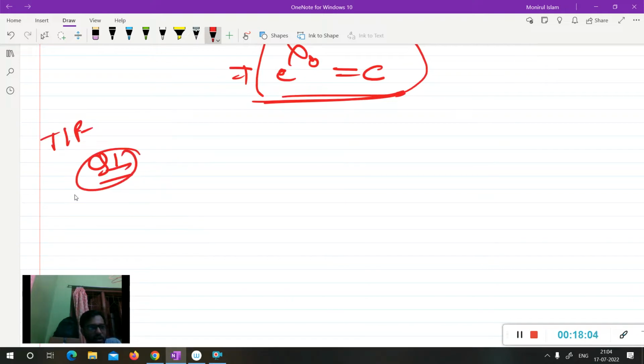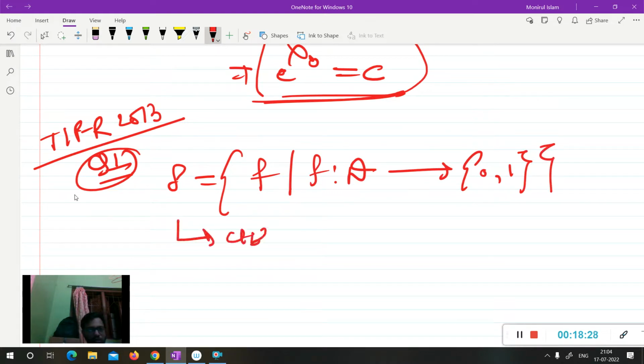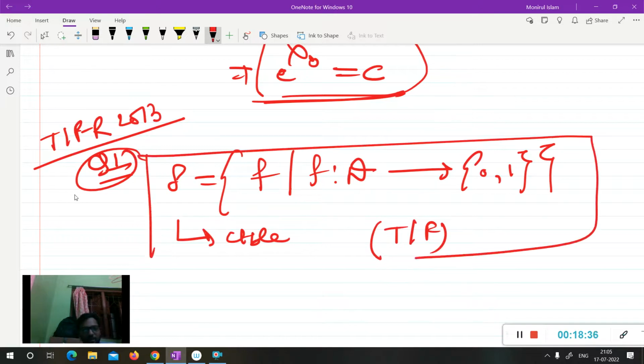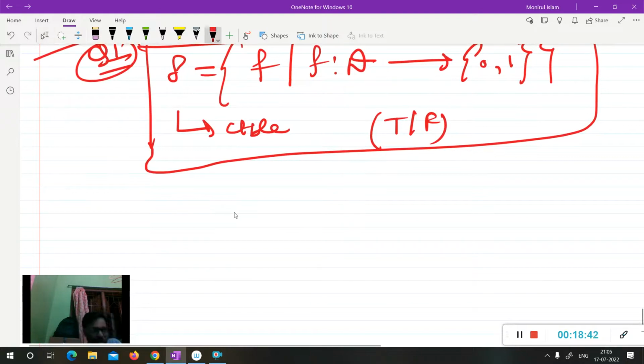I am writing this question, TIFR 2013. The question says: a binary sequence is a mapping from the natural numbers to {0, 1}, so each entry is 0 or 1. What is the cardinality? It is saying it is countable. Either true or false. The question was not in this format, I have written it this way for my convenience. The question was actually in this format.